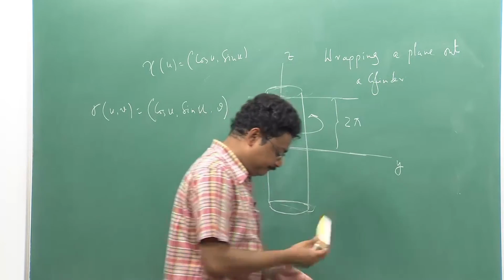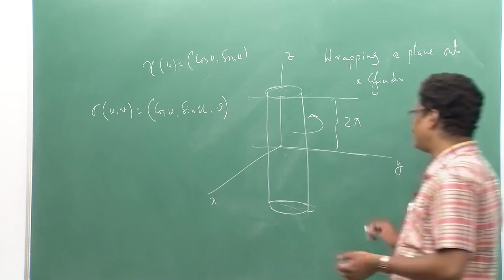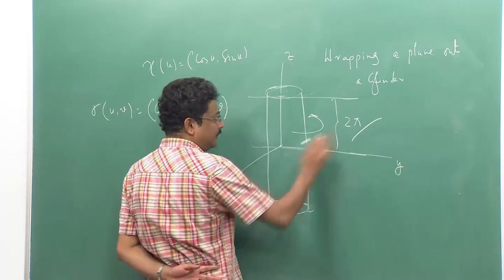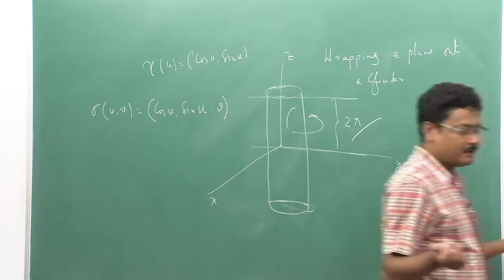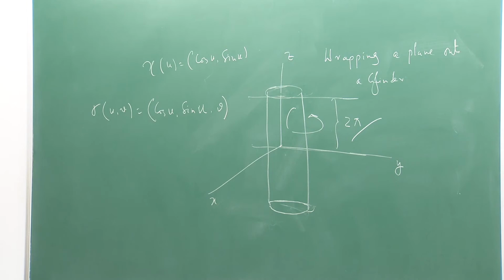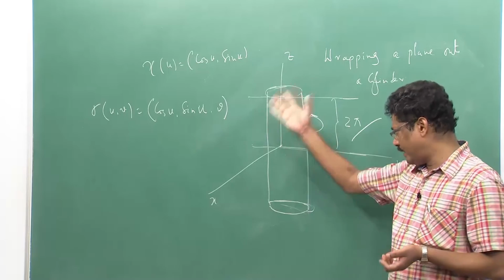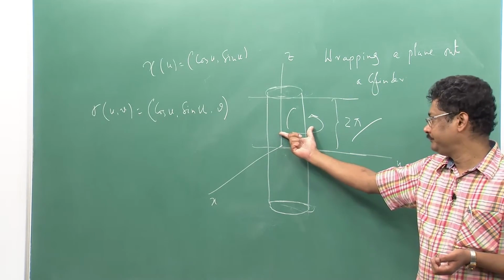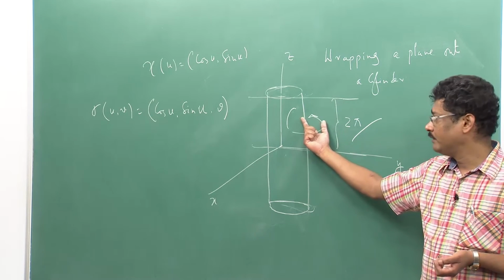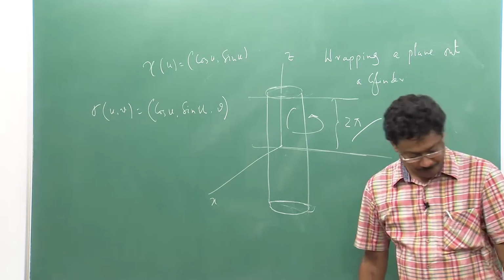And this wrapping map is a very interesting map. What happens is that if I have a curve on the plane, it will be wrapped and moved to some curve on the cylinder, but their length will be preserved. So this wrapping map, as we have done before, is actually an isometry.